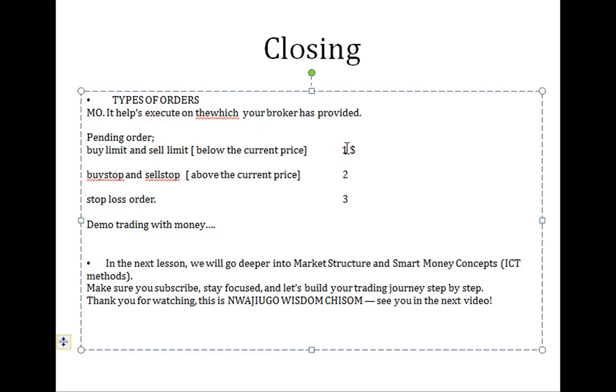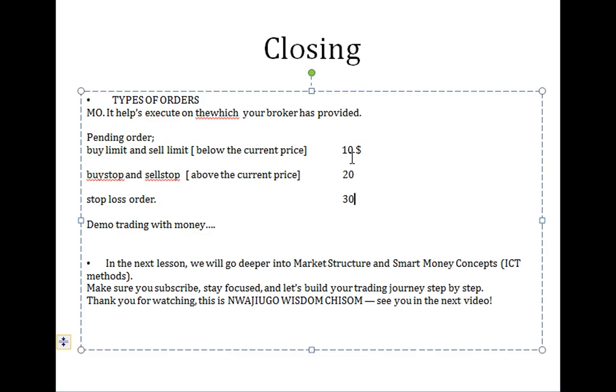Where is the current price? The current price is at $10. Let's say $10, $20, and $30. So you want the price to come down to $30 before you can buy.